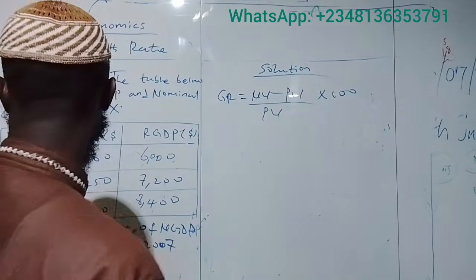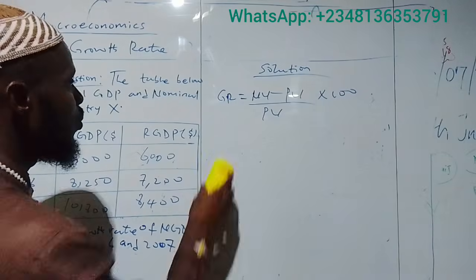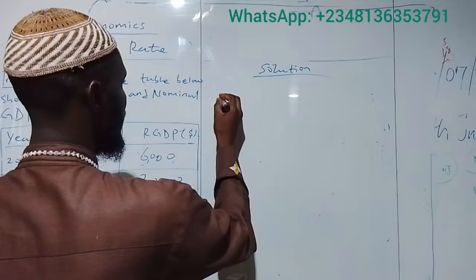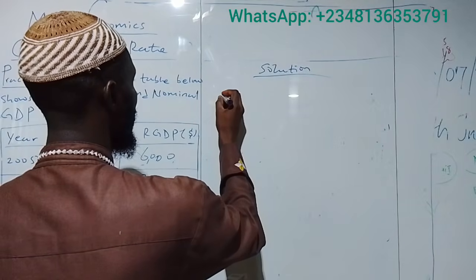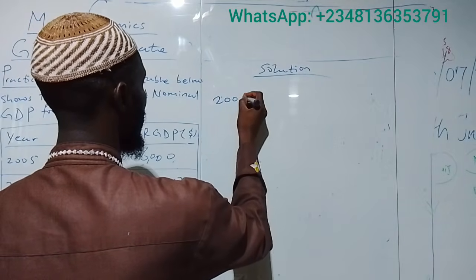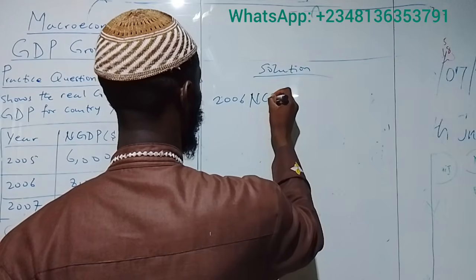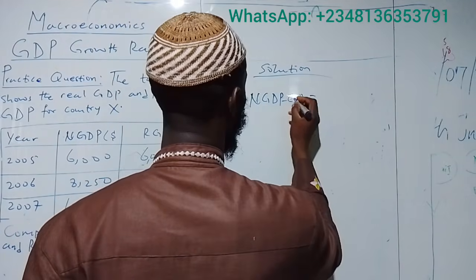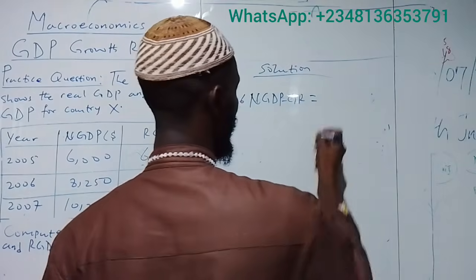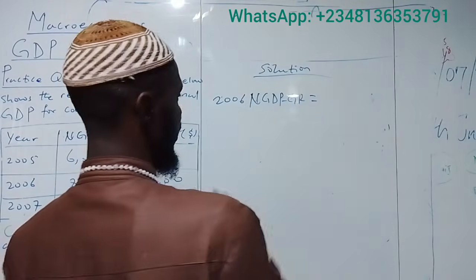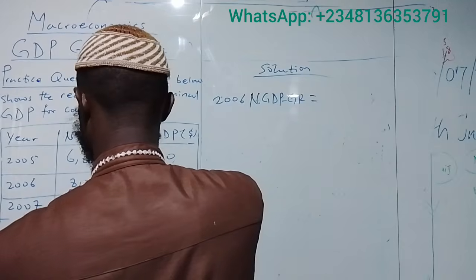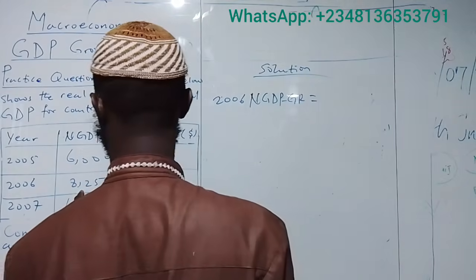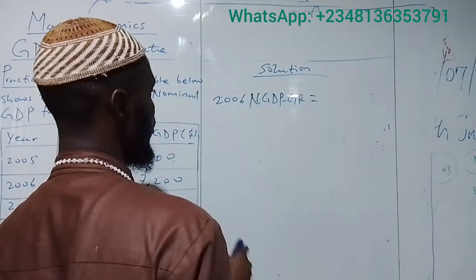If we apply it to this context, we are going to have the growth rate for 2006. Let's start from nominal GDP. Growth rate will be equal to the new, that is the current year, the value of nominal GDP in the year you are considering.